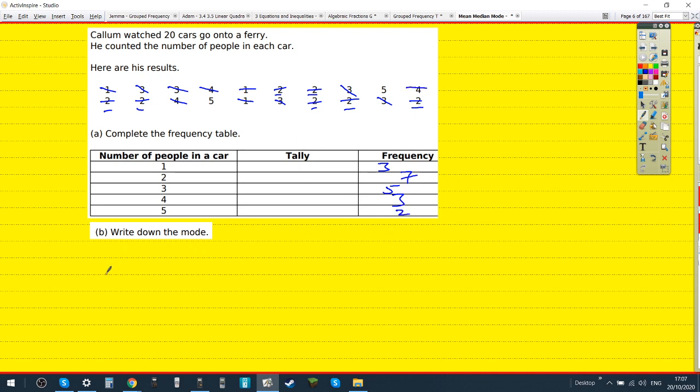Okay. And B, write down the mode. 2. Yes, because it has the highest frequency, and so the mode is 2.